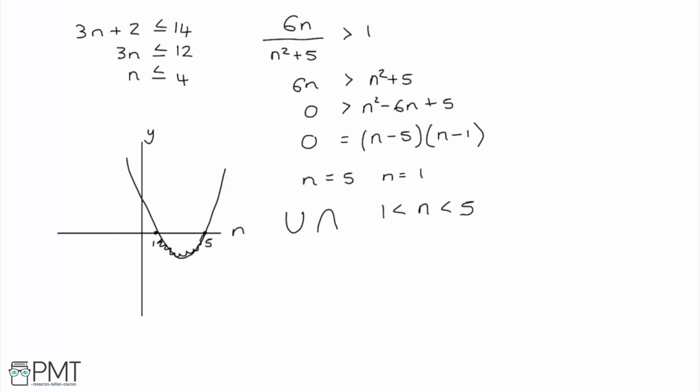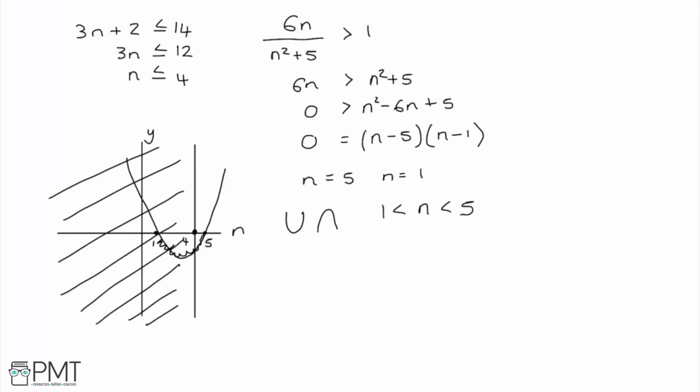Now similarly, I can draw in the other line of where n is less than or equal to 4 to see which values of n satisfy both inequalities. So n is less than or equal to 4 is simply going to be a straight line that runs parallel to the y-axis, at the point 4, and we're looking for anything this side of this line, so less than or equal to 4, and it is including 4 here.